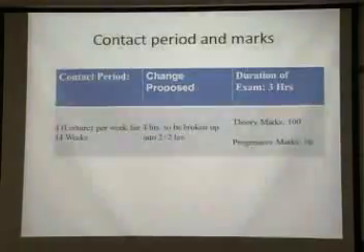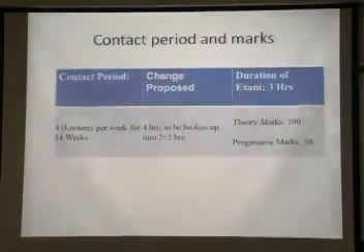Next. So currently the contact period is 4 lecture hours per week, stretching for around 14 weeks is what I have assumed. I would suggest that we can break up the 4 hours into 2 plus 2 hours because 4 hours is a continuous stretch for this kind of a subject with a lot of scientific and theoretical inputs, which is quite difficult to sustain.